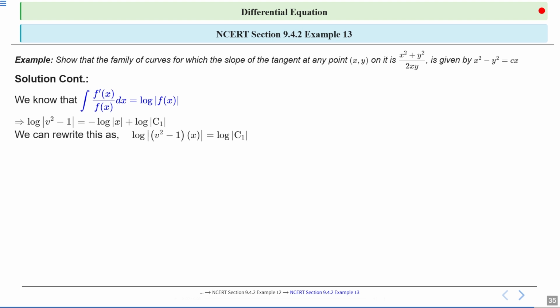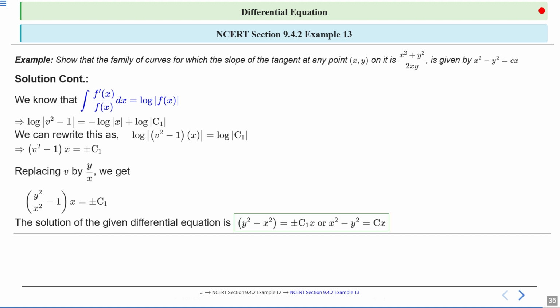So applying the property of logarithms, we get log of (v square minus 1) into x is equal to log c1. So we get (v square minus 1) into x is equal to plus minus c1. So replacing v by y by x, we get (y square by x square minus 1) into x is equal to plus minus c1. Okay, so just taking the new constant c in place of plus minus c1, we get x square minus y square is equal to cx.